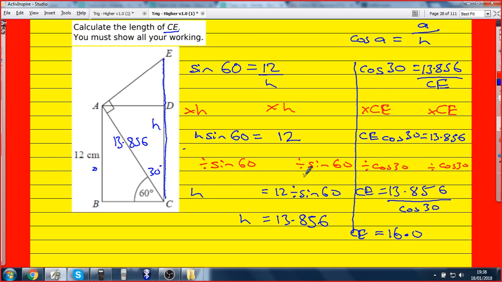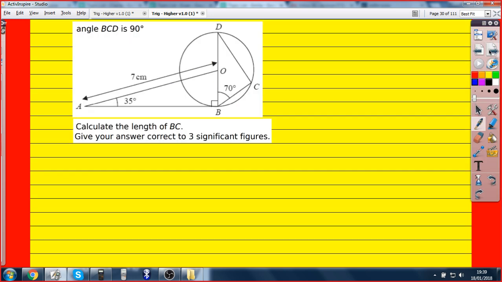No. It's just slowly but surely. You could have found AE first, and in the end we didn't need to. If you had found ED, it would be approximately 4, and you do 4 plus 12 and get 16, so you get the same answer, just a longer way.